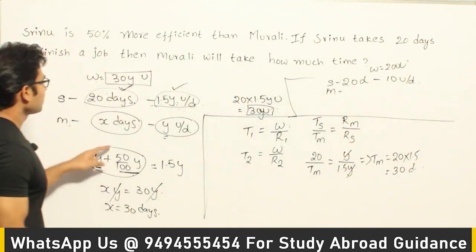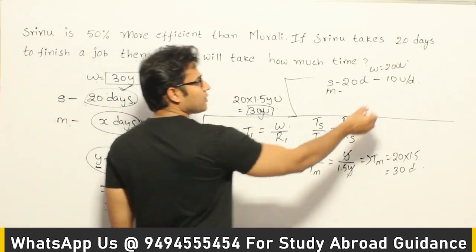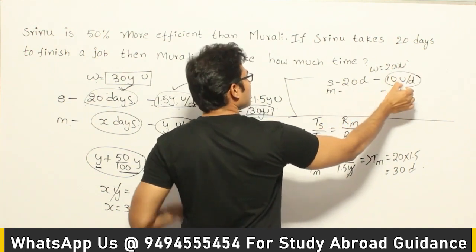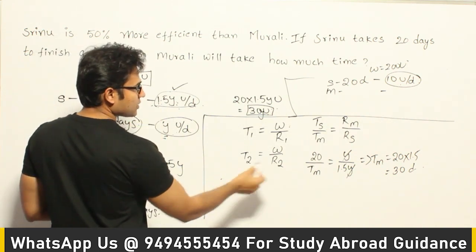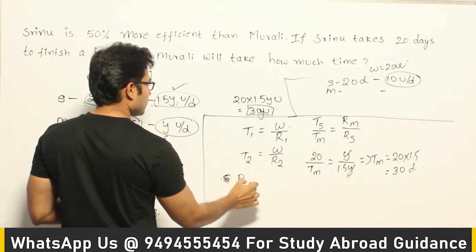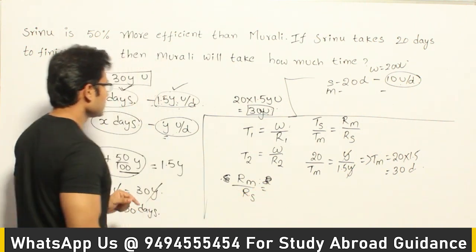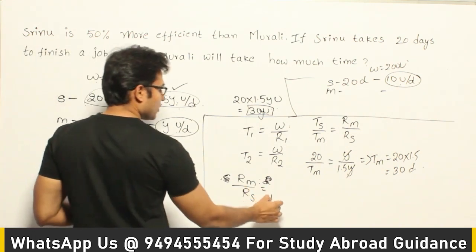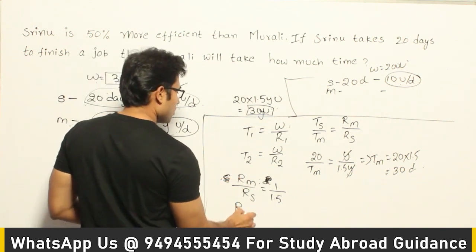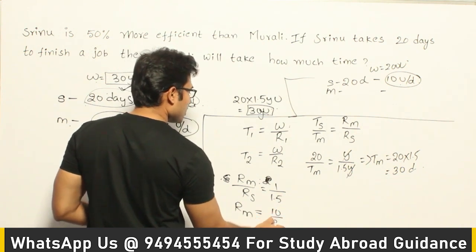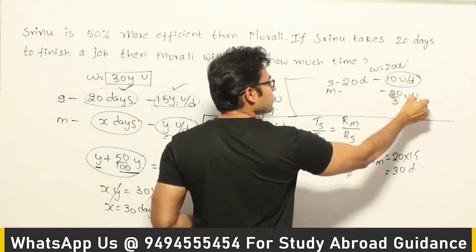And we already know that the relationship between Srinu's speed and Murali's speed is 3/2. If Srinu's speed is 10, the ratio of Srinu's rate to Murali's rate is 1.5, so Murali's rate will be 10 divided by 3/2, which means 20/3 units per day.